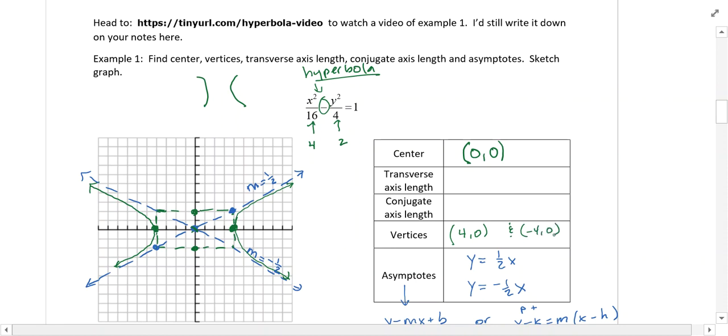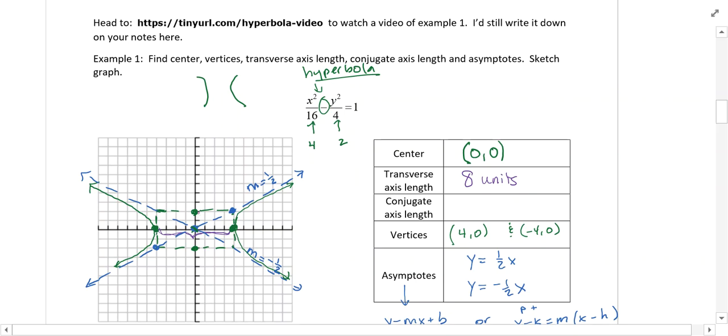Now, the transverse axis length, that is from vertex to vertex. So that's asking how long is this length right here. That's going to be 4 on one side and 4 on the other side, which is a total of 8 units. Now, the conjugate axis goes perpendicular to it.